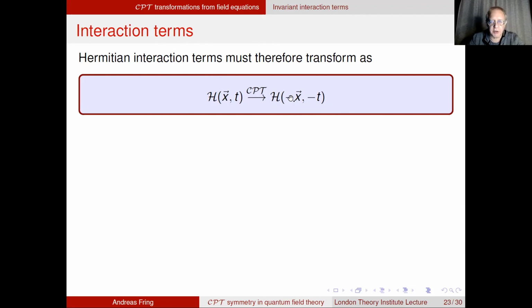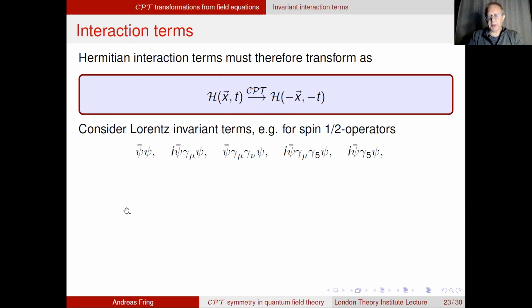So since it's Hermitian, we just see the strong reflection, namely x is changed into minus x and t is changed to minus t. But it's not just a strong reflection, because that would also reverse the order of the operators, which is not the case here.